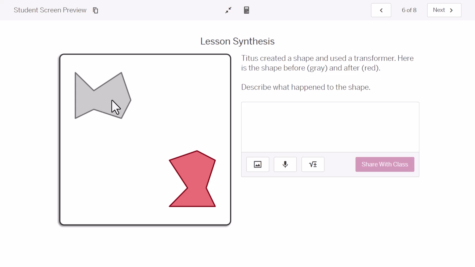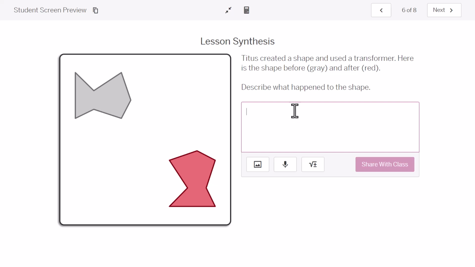So how would we describe the transformation from this gray figure to the red one? We have this character, Titus, who created a shape and then used a transformer. The shape before is gray, the shape after is red. We can describe what happened to the shape. Imagine what a transformer might have done. It looks like two things must have happened.